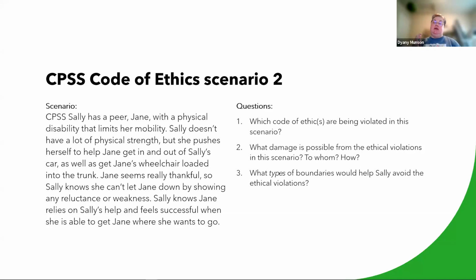Now, one of the things that gets kind of tricky here is we can set boundaries, and that's an automatic encouragement. We got to be very careful if we give suggestions, and it's just like what I would do here.